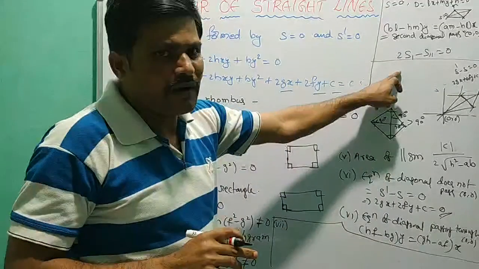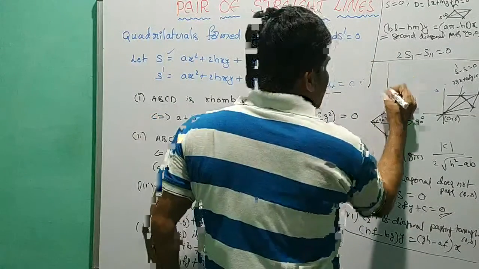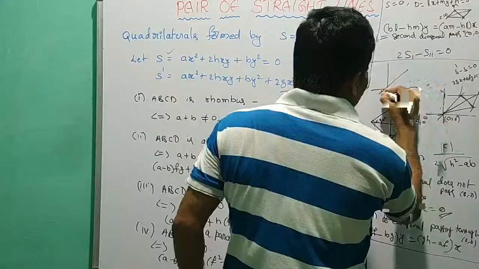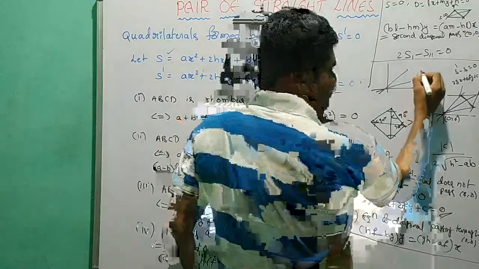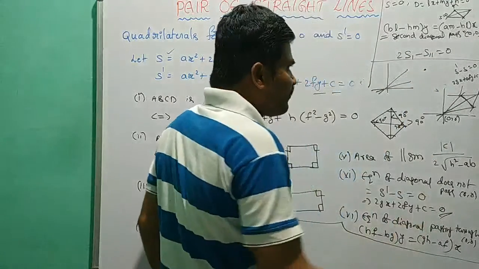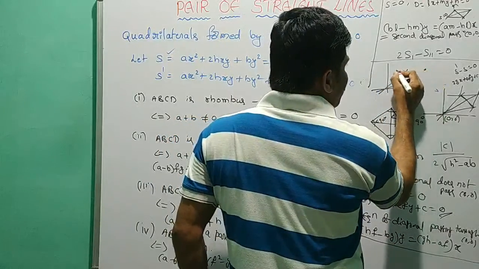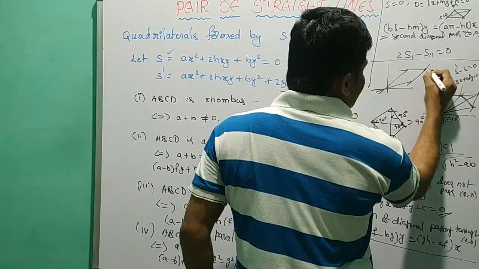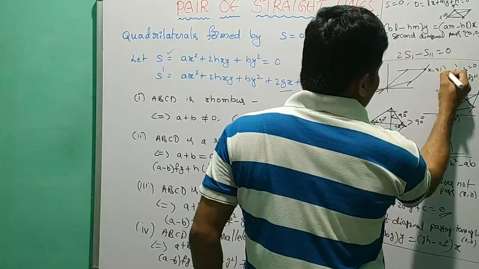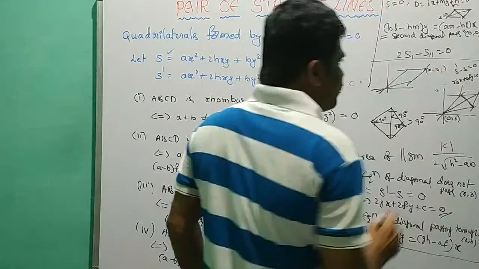So this formula is: here one pair is given, and also one opposite vertex will be given. So this is the opposite vertex (x1, y1).